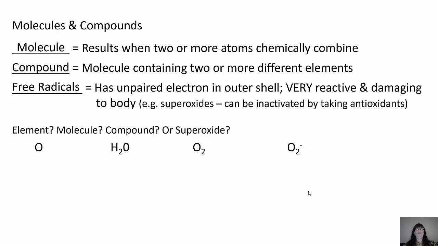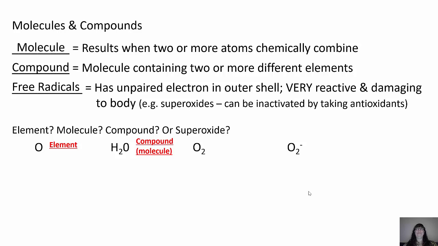So we have oxygen, water, O2, and O2 negative. Are they molecules, compounds, free radicals, or elements? Oxygen, that's an element. Water, technically it's a compound, but water molecules are referred to often.